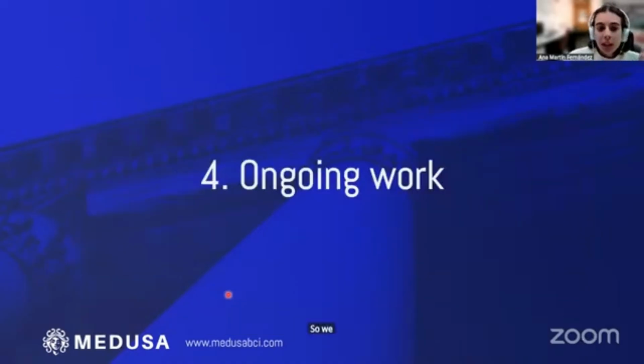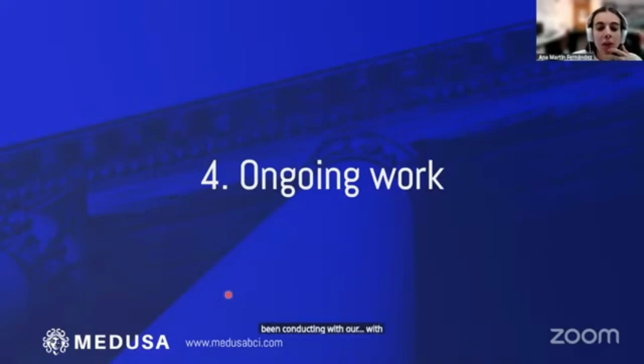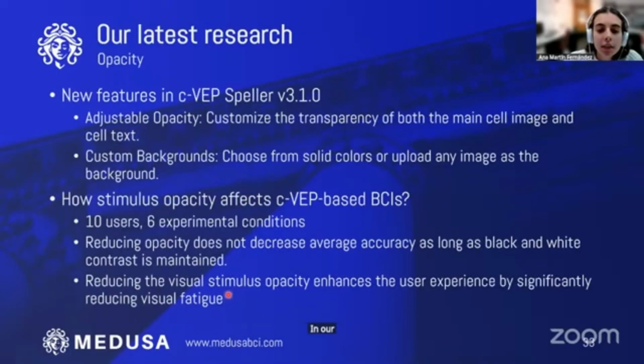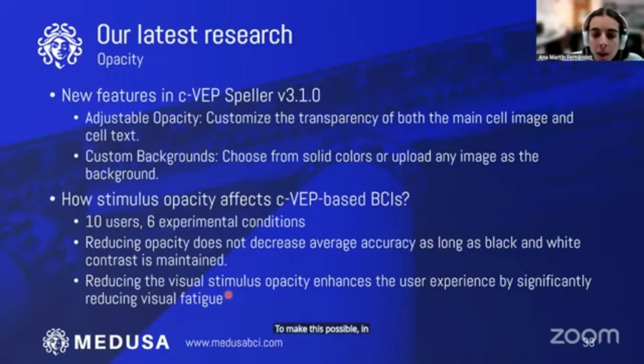So we are reaching the end of our presentation, and for this last part, I'd like to briefly share the research that we've been conducting with this application, and as well the next steps that we are currently implementing. In our latest research, we have studied the effect of stimulus opacity in c-VEP-based BCIs. To make this possible, in version 3.1 of the c-VEP speller, which is now publicly available, we introduced 2 new features.